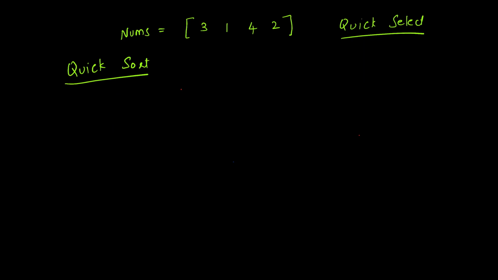To begin with, our pivot will be the last element in the input array, which is 2, and the partition will be the first element. As discussed earlier, all of the elements to the left side of the partition should be less than the current value, and the right hand side should be greater. As there are no elements to the left side of number 3, at least the first condition is satisfied.